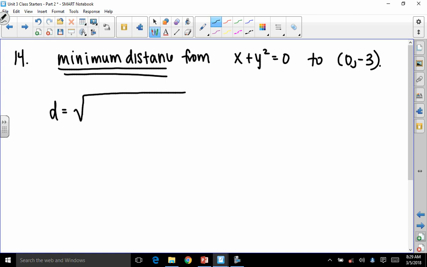What's this distance? y2 minus y1. So you know from the Pythagorean theorem that (x2 minus x1) squared plus (y2 minus y1) squared equals d squared. So how do you get d? Take the square root. So it's the square root of the difference in the x coordinate squared plus the difference in the y coordinate squared. Nifty.